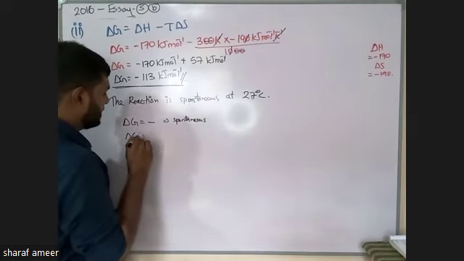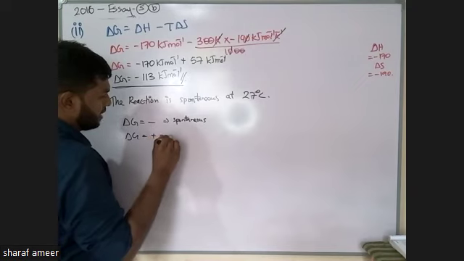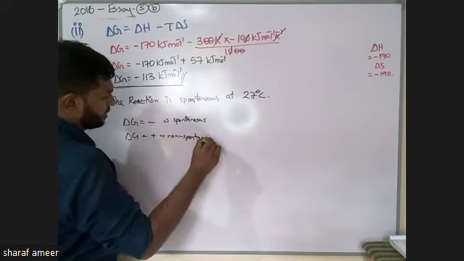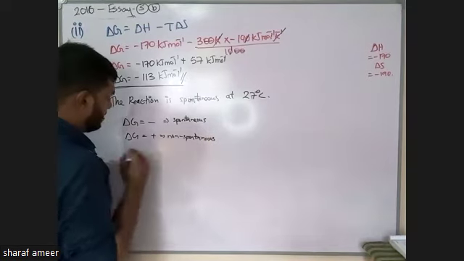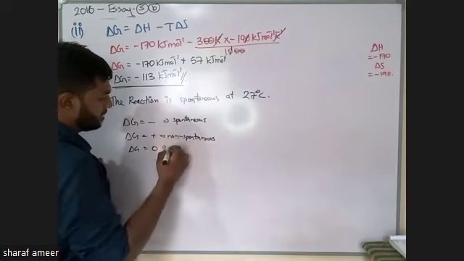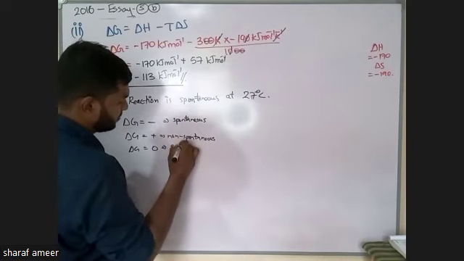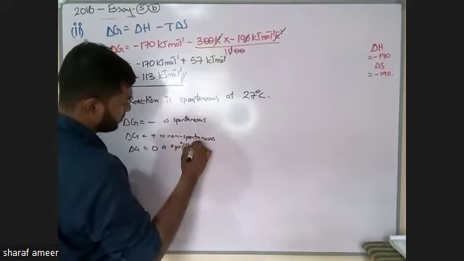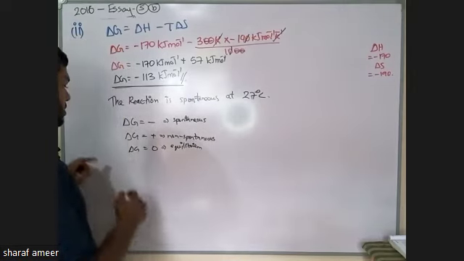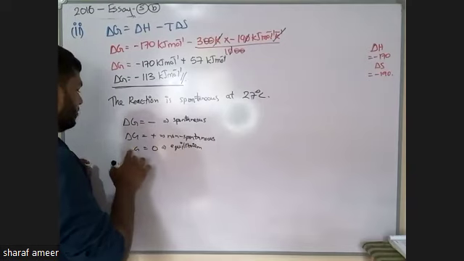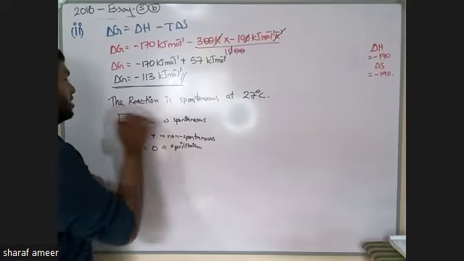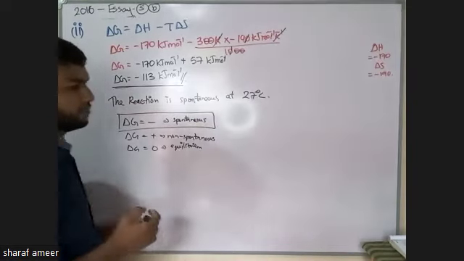When delta G is positive, it is non-spontaneous. When delta G is 0, the system is said to be at equilibrium. Right? Therefore, the value is negative, so it has to be spontaneous.